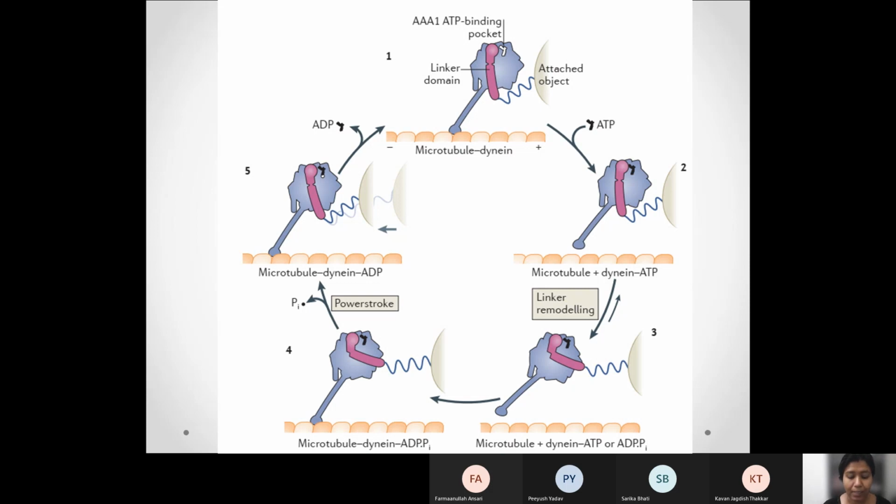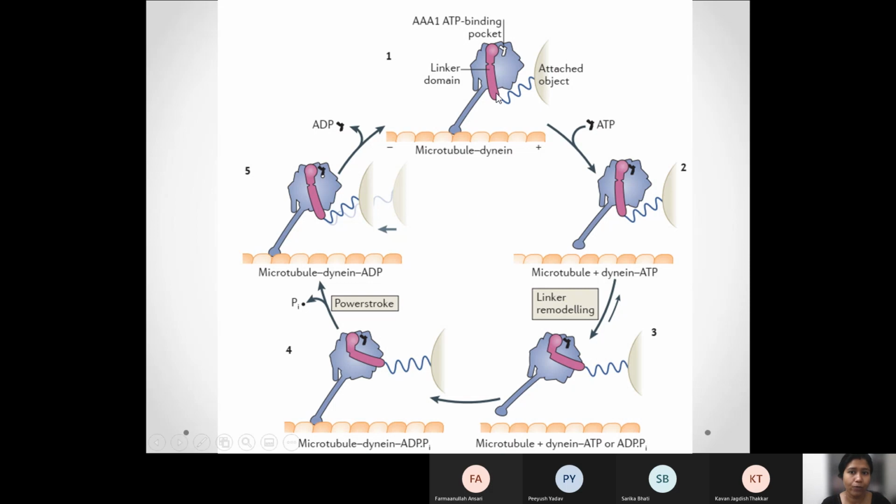So if we think of a classical cytoplasmic dynein, we are talking of a dimer. So you have to now imagine two such dynein rings attached to the microtubule, two such structures.